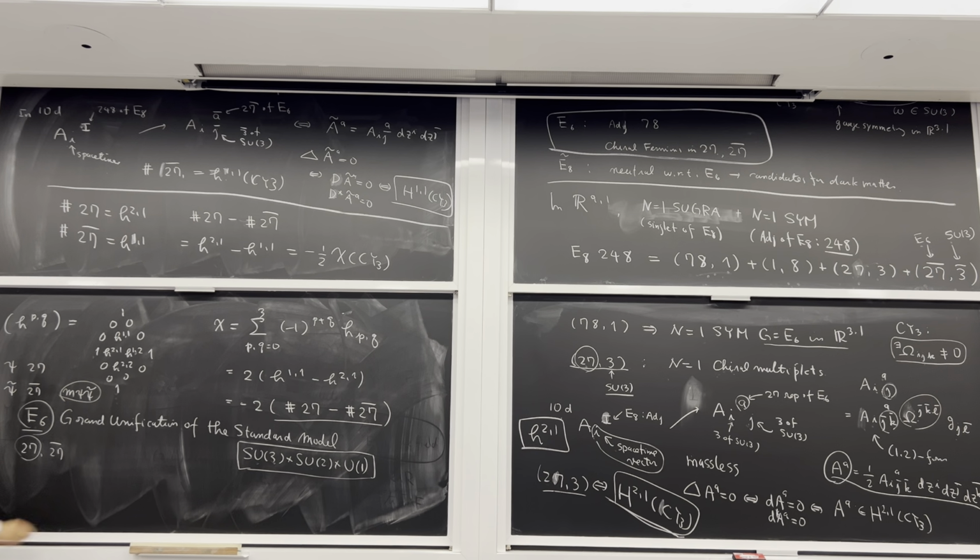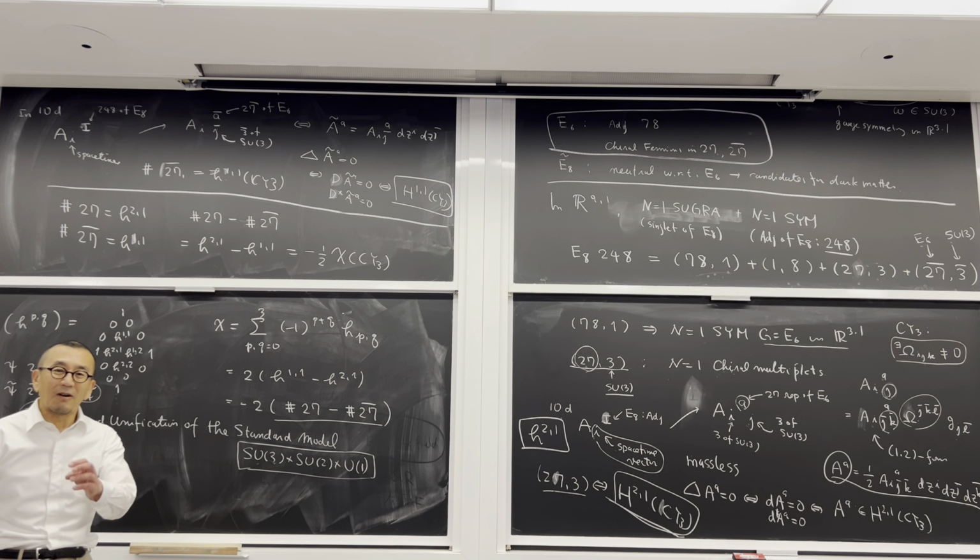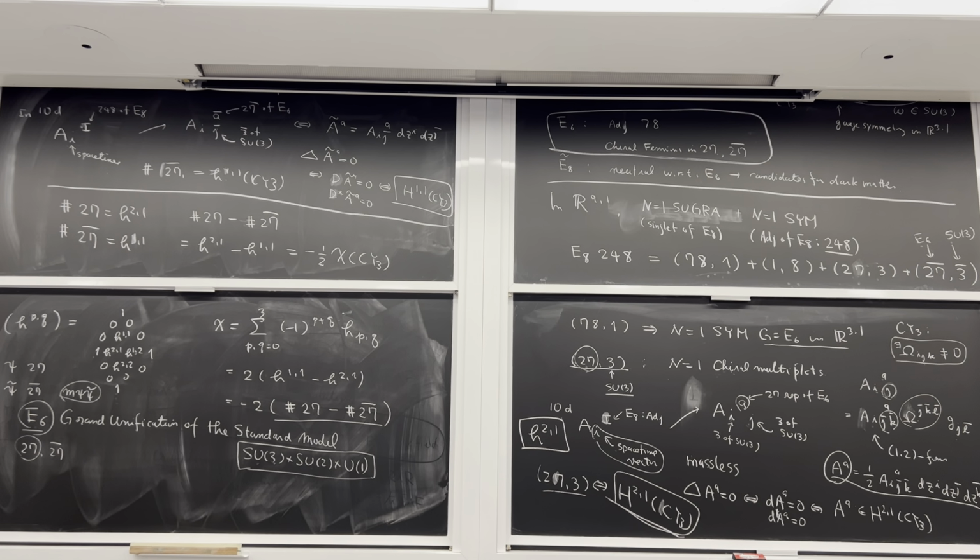In particle physics, as Murray Gell-Mann said, whatever is not forbidden is mandatory. So if symmetry allows you to have a mass term pairing up 27 and 27 bar, then generically you would expect that by dynamical effects the mass term will be generated.